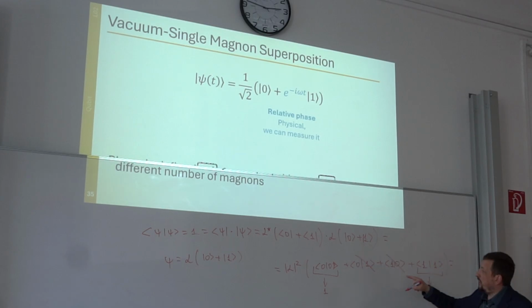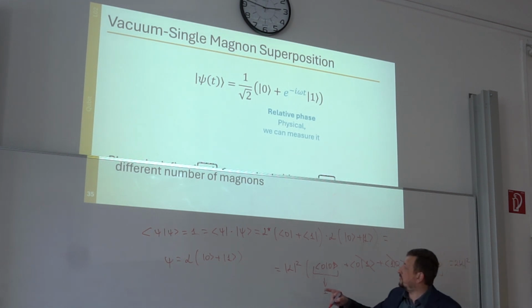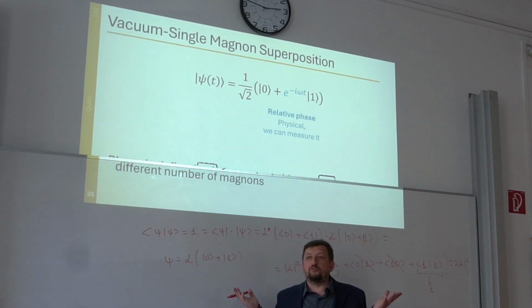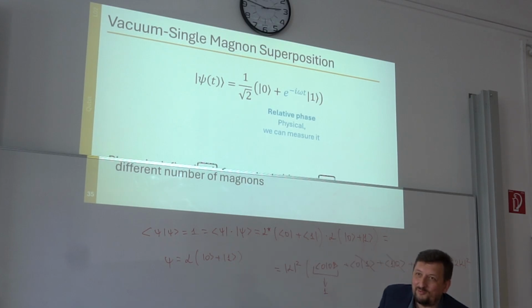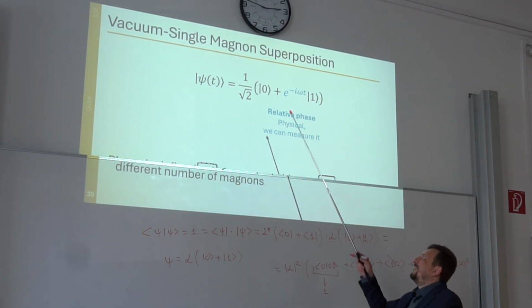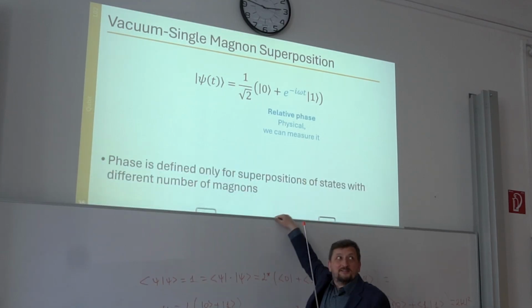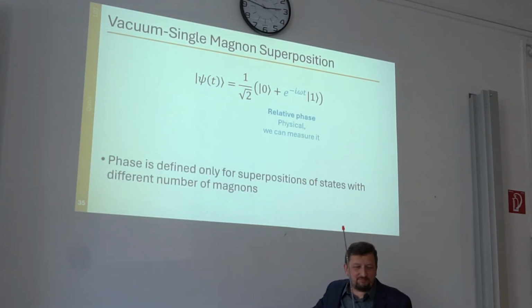So together I get 1 plus 1, 2 alpha squared, and it must be equal to 1. So from this I can choose alpha as 1 over the square root of 2. I can multiply it by a phase, but this phase will be a global phase, so it doesn't matter. Okay, so let's move on.